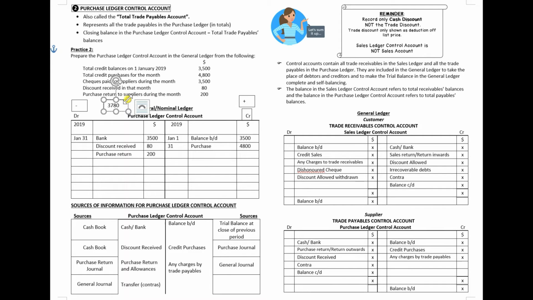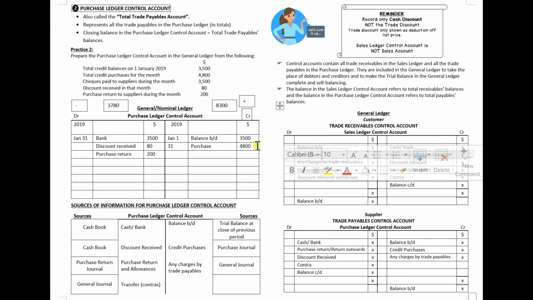Now you use the calculator and add up the amount on the credit side. The amount on the credit side is 8,300. So if you compare these two, debit 3,780, credit 8,300, which is bigger? Leave a space here. 8,300 is bigger, right?